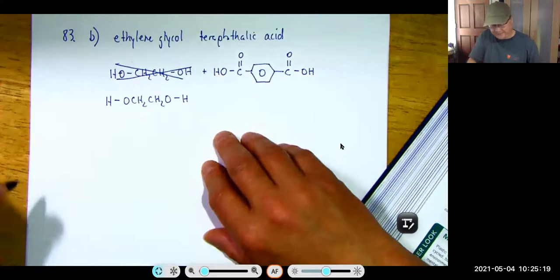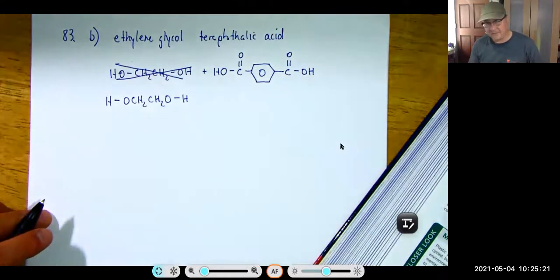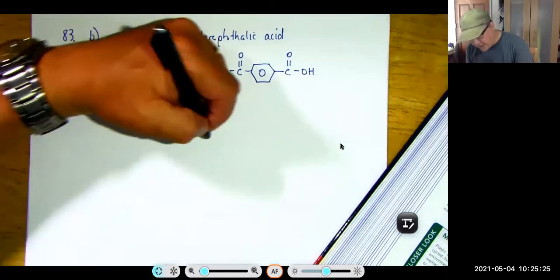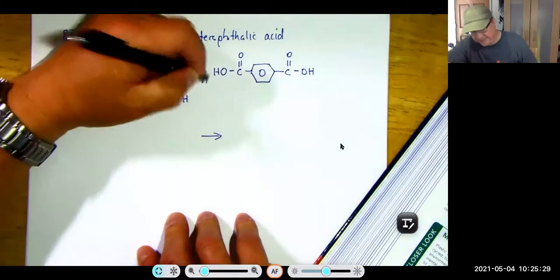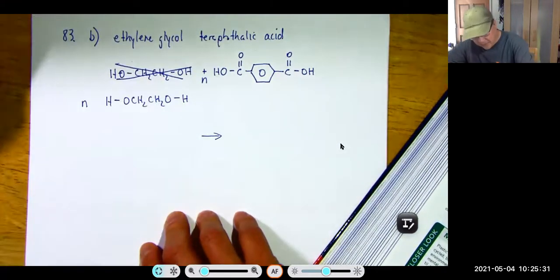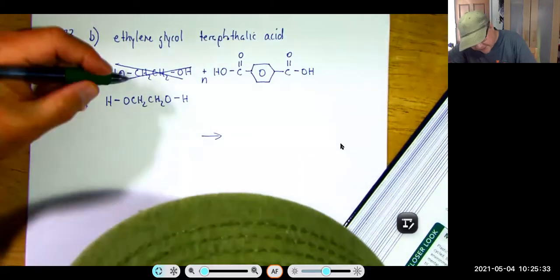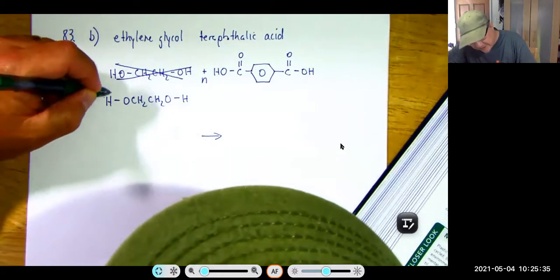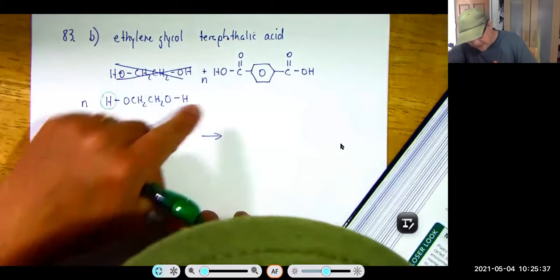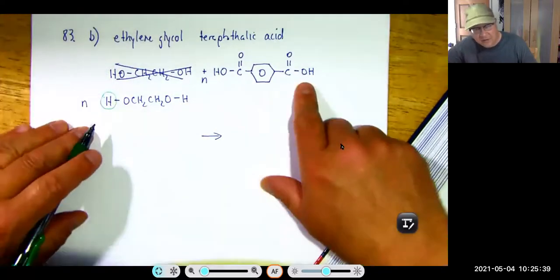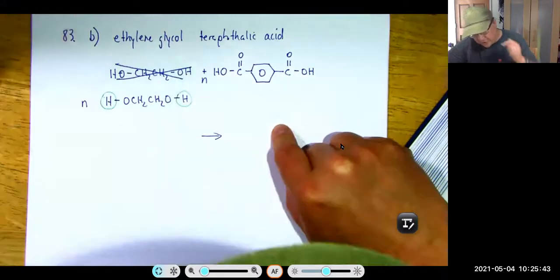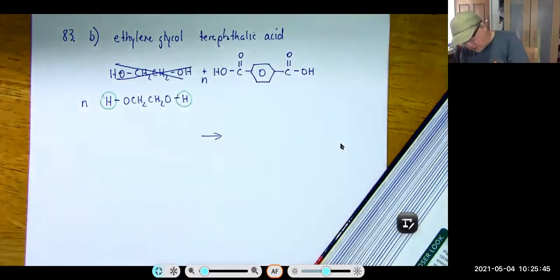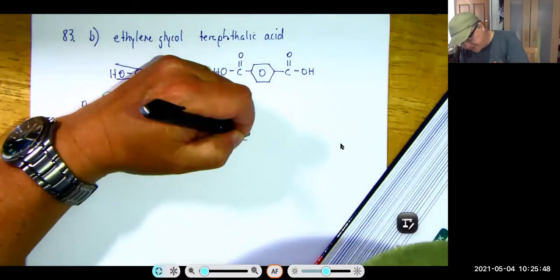And so I'm going to redraw this guy. Like this. Okay, so here I've run out of room to put these guys together, but we have N of these and N of these. Now what's going to happen is that this is going to combine with an OH from the carboxylic acid, and this will too. So you want to redraw your alcohol like this.